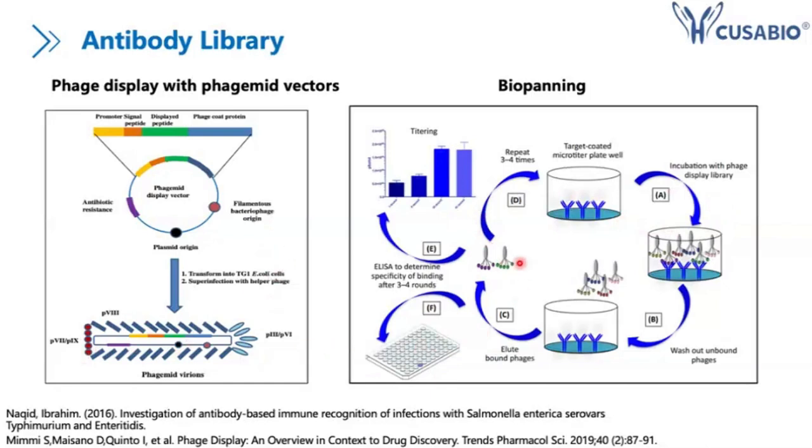You have a library of candidates, and all these candidates will have different characteristics, such as affinity, selectivity, or stability. And with biopanning, you will select the optimal features that you want, and you will get the optimal candidates after the biopanning.